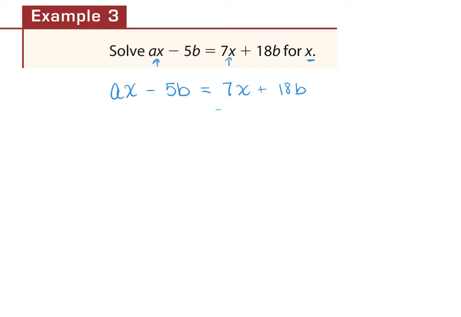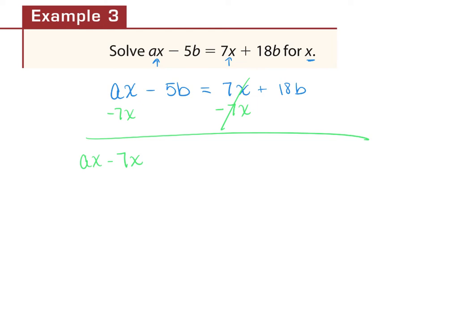So I'm actually going to move this 7x over here. It's going to cancel. I have an ax minus a 7x. I cannot combine those. Even though I have the same variable x, my coefficients aren't alike. I have an a and a 7. Had it been like a 9 and a 7, I could have combined those, right? But an a and a 7, I definitely cannot combine.